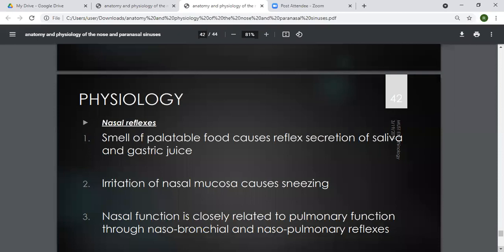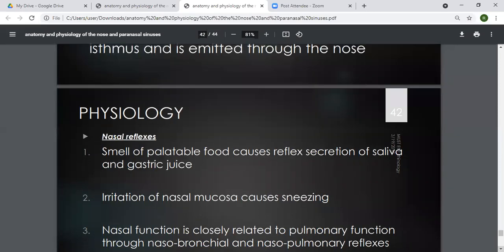I believe you've asked two questions: one to do with sneezing, and the other the importance of the sinuses. So for sneezing, remember the previous slide: the irritation can be by different things.